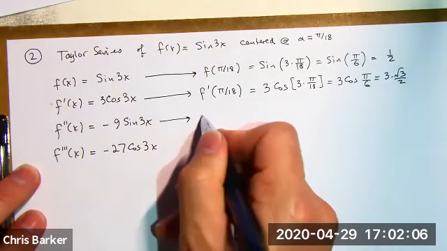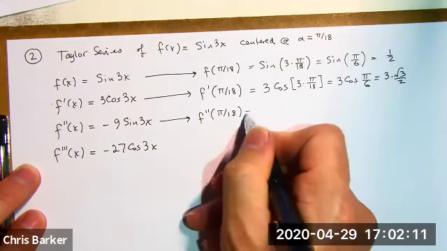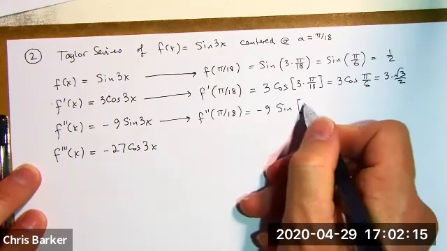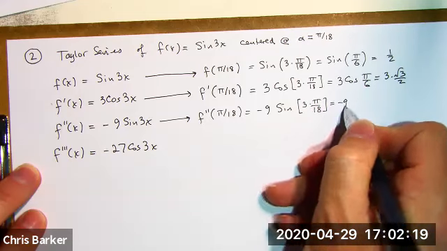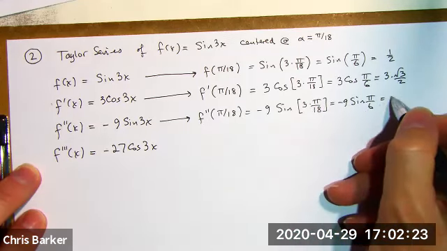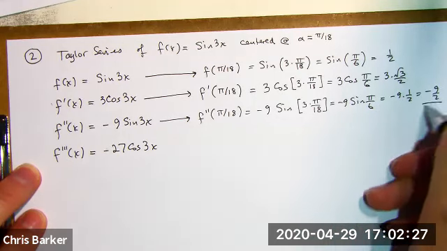All right, f double prime at pi over 18 is negative 9 times the sine of 3 times pi over 18, which is negative 9 times the sine of pi over 6, which is negative 9 times 1/2, which is negative 9/2.